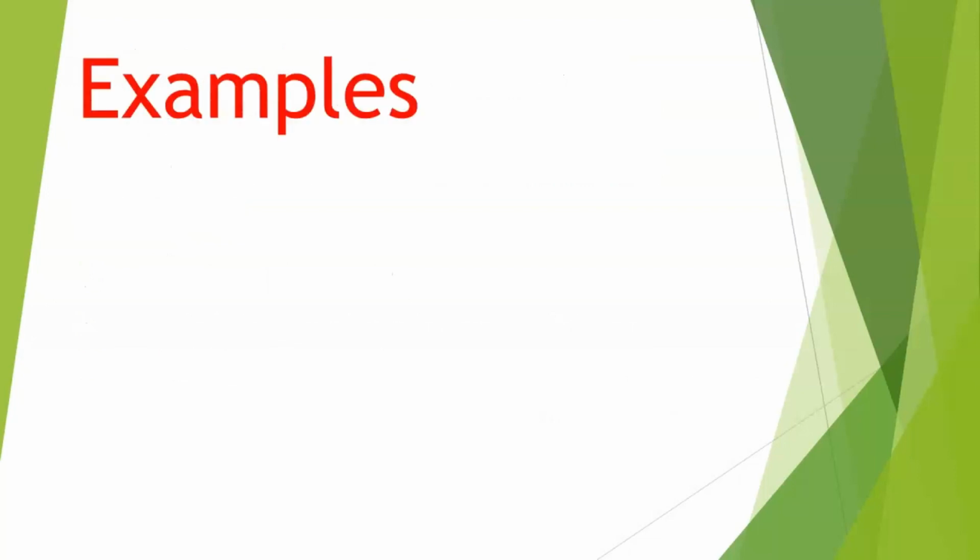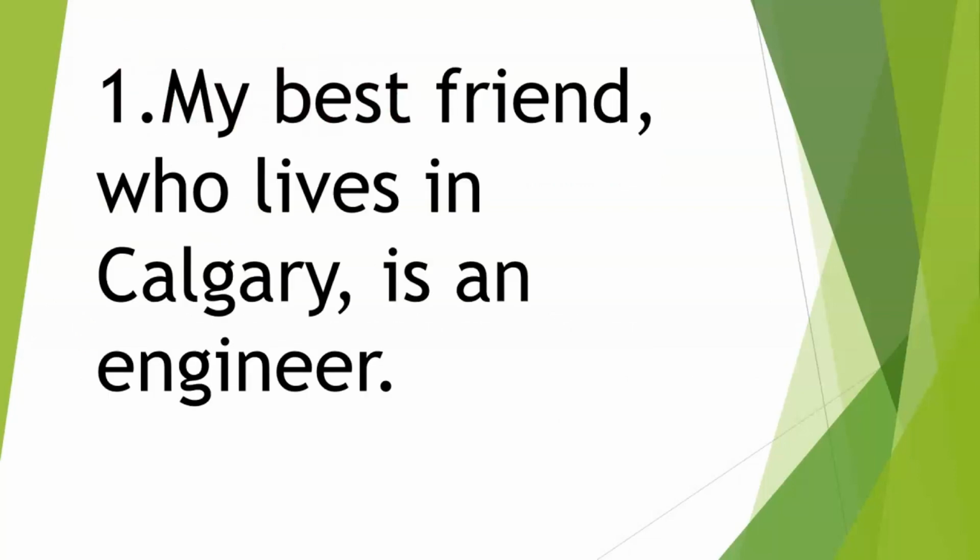Here are some examples. Number 1. My best friend, who lives in Calgary, is an engineer. The adjective clause in this sentence is who lives in Calgary.